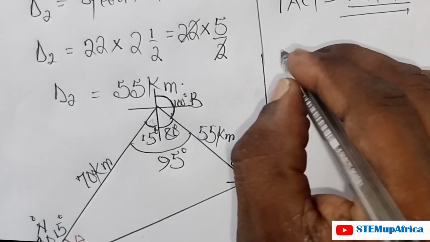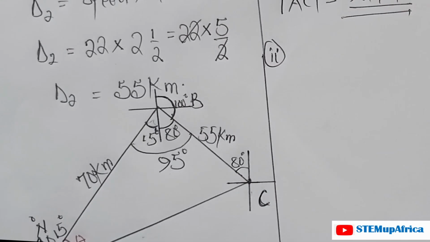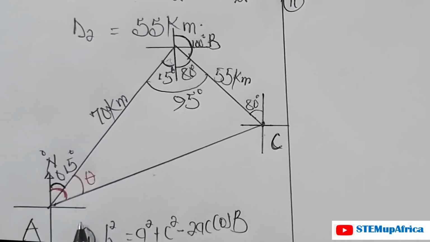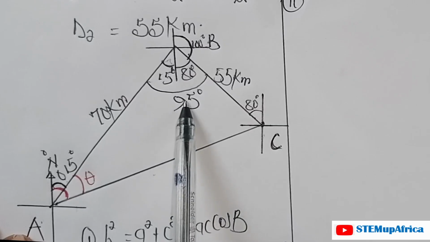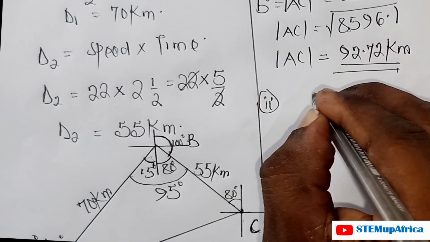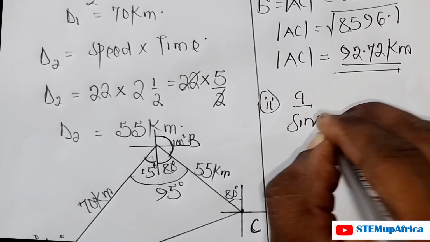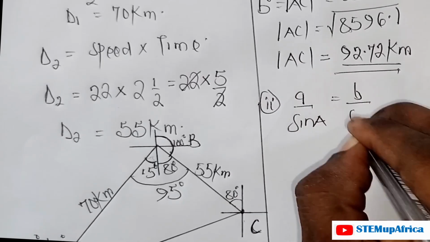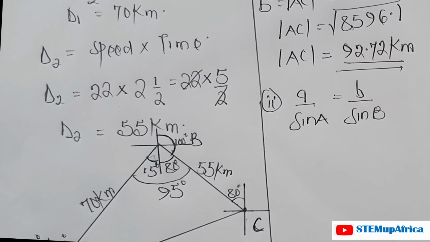So Roman figure 2. The angle theta is at A. So we consider A, then we consider B also. We have B on the opposite side. So I'm going to have small a over sine big A equals small b over sine big B. What's the value of small a?